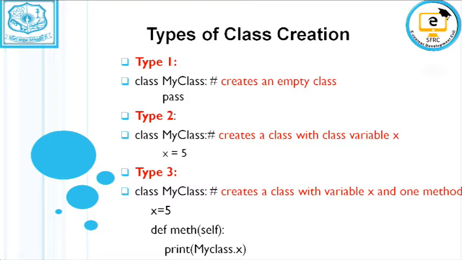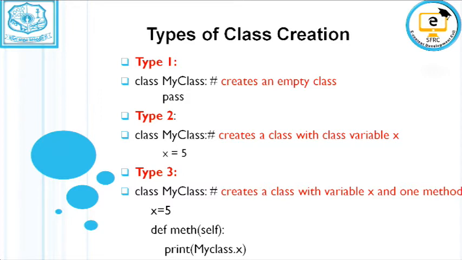The third type includes both the class variables as well as a method. class MyClass, indented, and it includes x equals 5, and the method is created using the keyword def. def denotes that it is going to create a method inside MyClass, and the name of the method is going to be meth. It does not have any arguments, but the one argument we are going to pass is self.